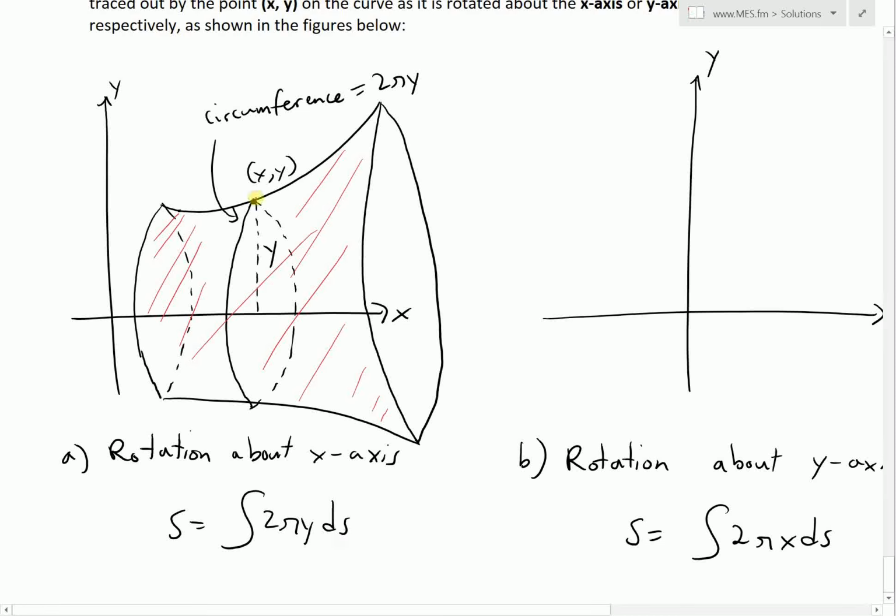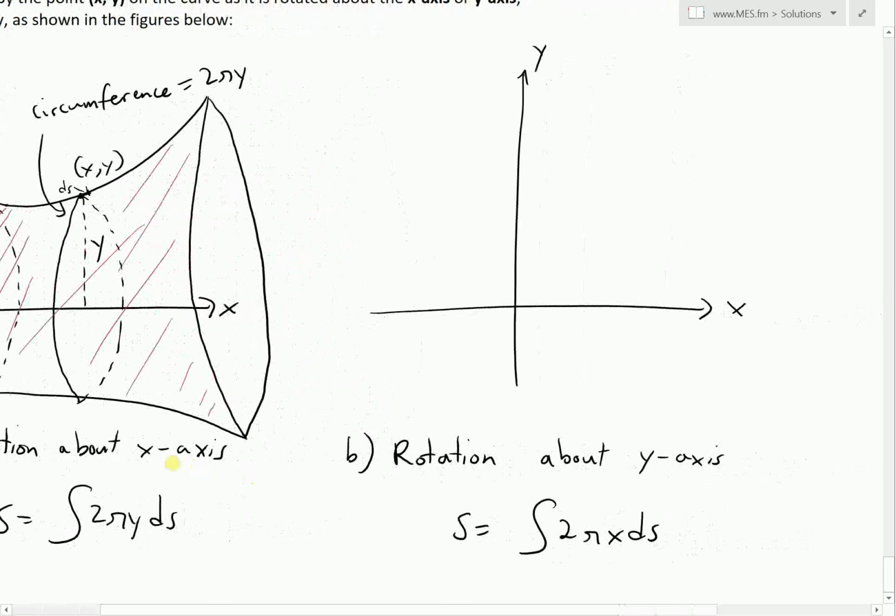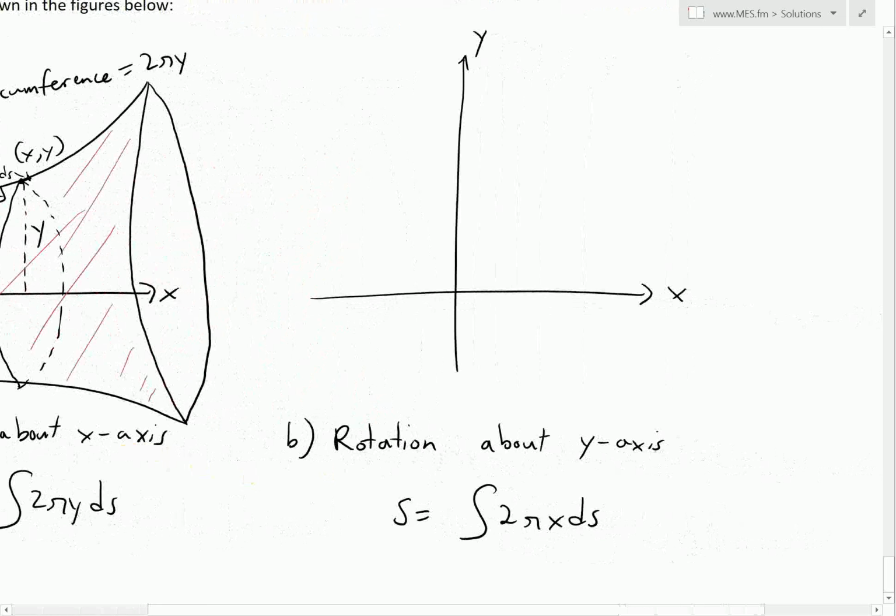And this ds is just an incremental distance like this, ds from this point to that point, etc. Now the rotation about the y-axis is the same idea. Let's say we had a curve like this, and this point here is x, y, and when we rotate this about the y-axis we get something like this.